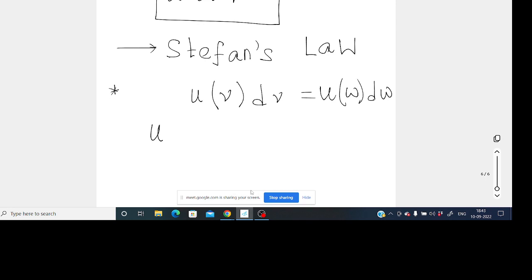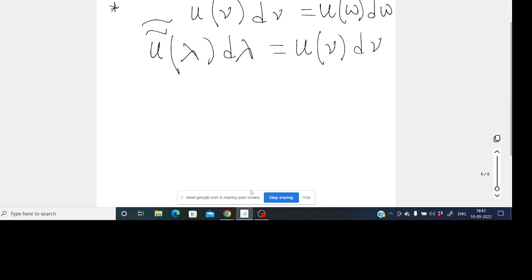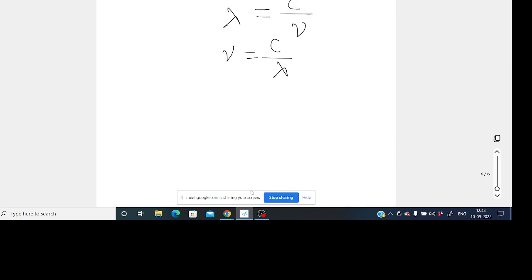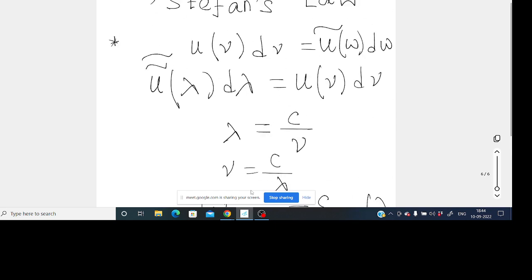Now let's also write it in terms of lambda, the wavelength. Now lambda equal to c by nu, or nu equal to c by lambda. So d nu equal to minus c by lambda square d lambda.